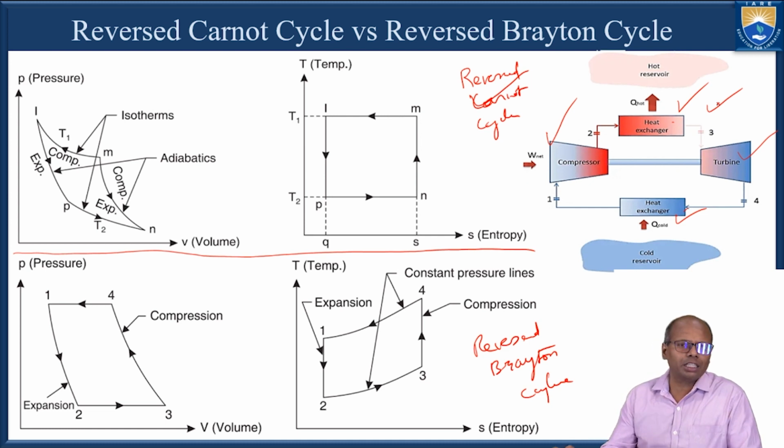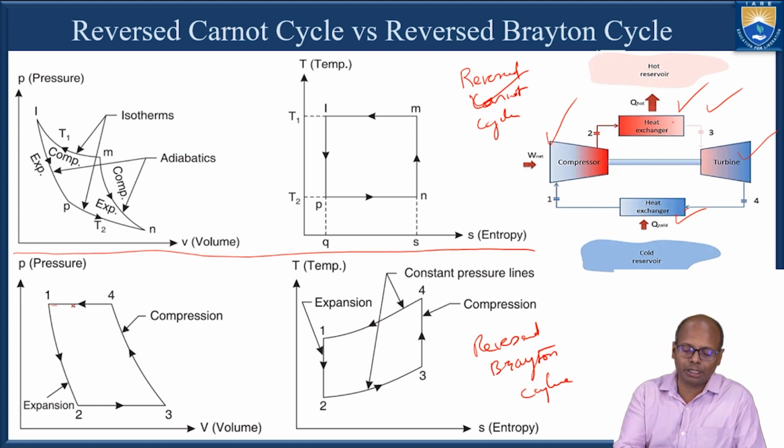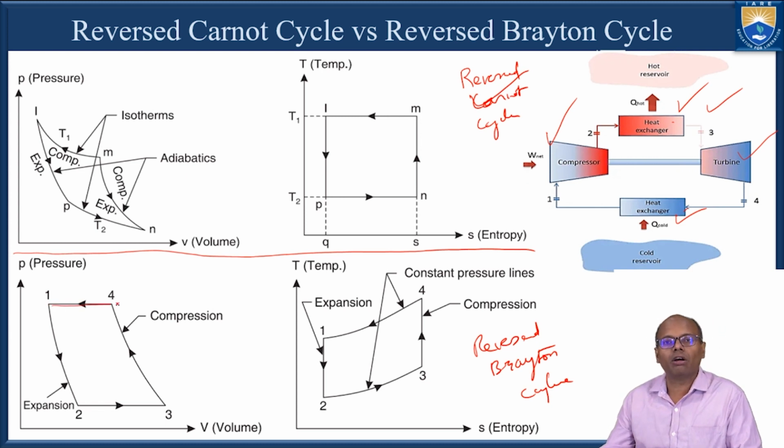But in practice, to maintain a constant temperature while heat is being rejected, or to maintain a constant temperature while heat is getting absorbed into the system, is not practical. But you can try for a constant pressure heat addition or a constant pressure heat rejection.